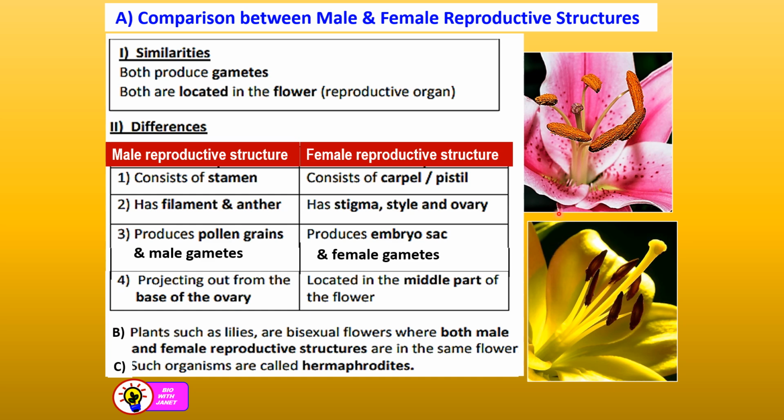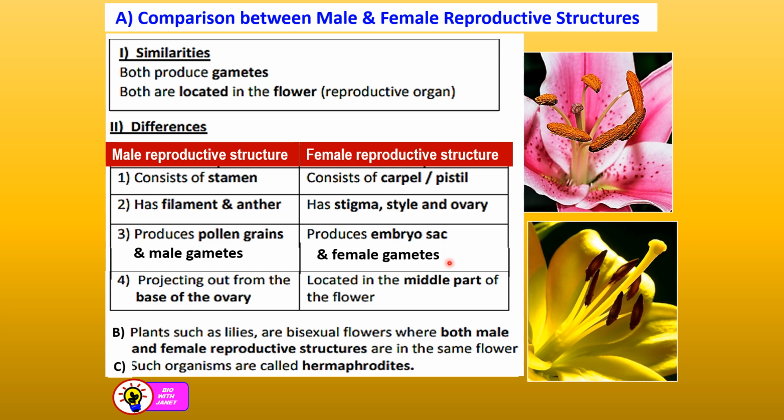Thirdly, the stamen produces pollen grains and male gametes, whereas the carpel produces the embryo sac and female gametes. The embryo sac is just a bag-like structure in which the female gamete or ovum or egg cell is found.